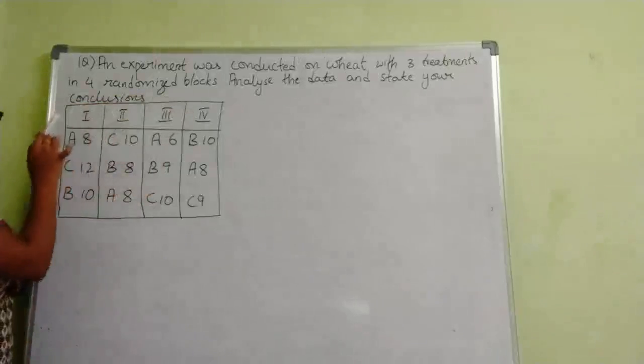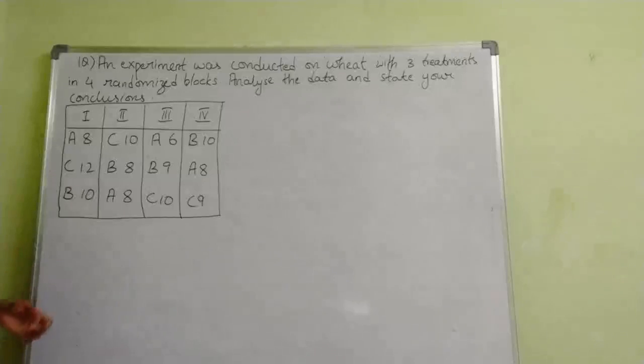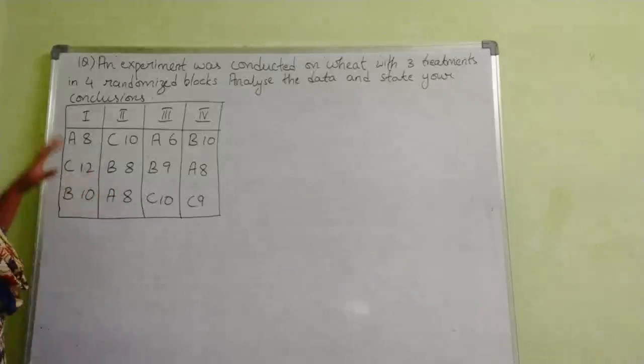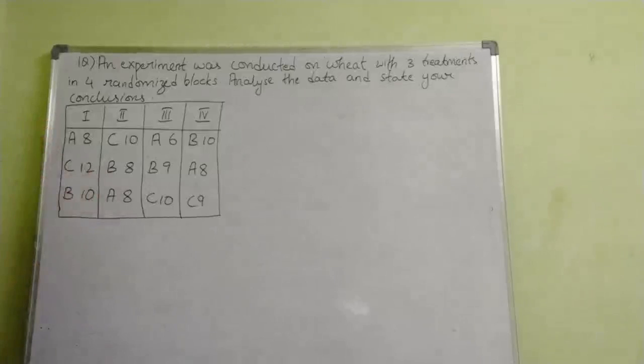If blocks are included along with the treatments, then it is an RBD layout. So if you observe, this is an RBD layout. So we will be using the same steps that we have used for the ANOVA two-way classification.